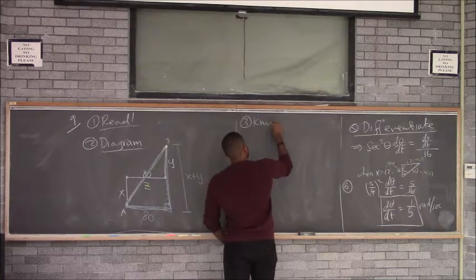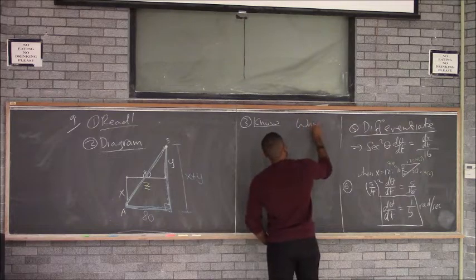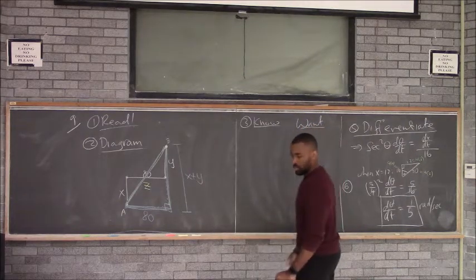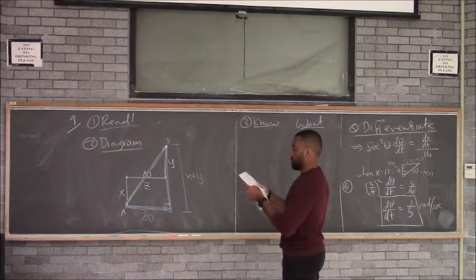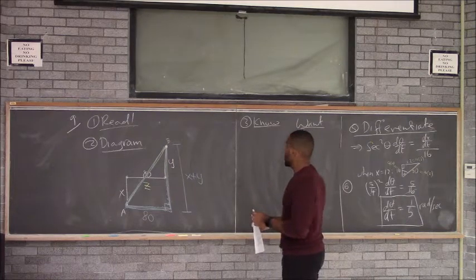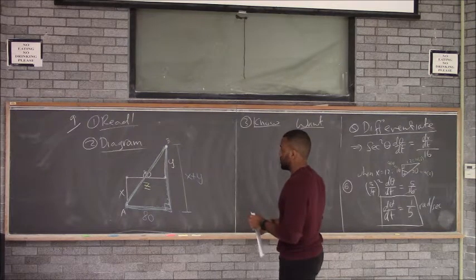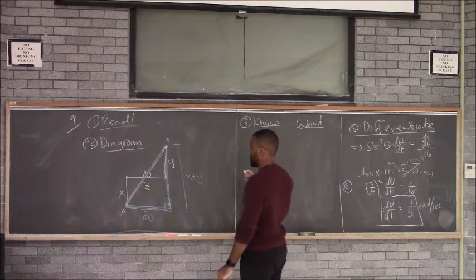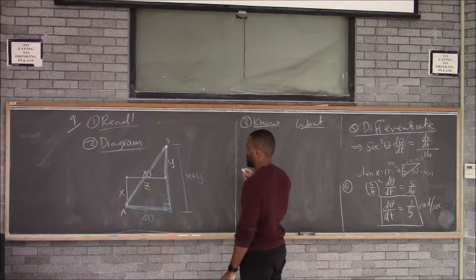Now in terms of these letters, what do we know? What do we want? We know the initial distance between the two boats, which is 80.